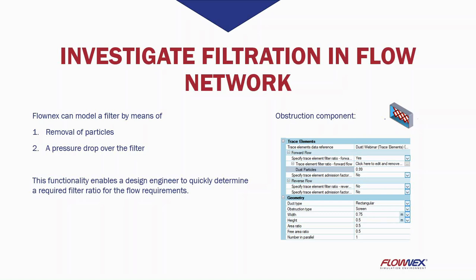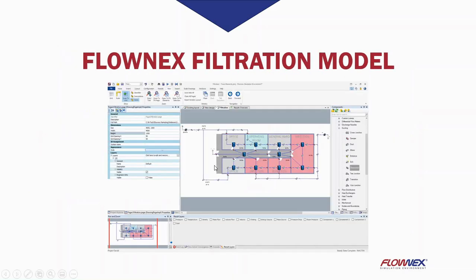So this is part of the ducting library, correct? That is correct. This component contains inputs, first of all, for its geometry and also screen dimensions, and further, the user is able to specify the filter ratio for the trace elements used. Jumping to Flownex, we will quickly show how this functionality can be modeled.